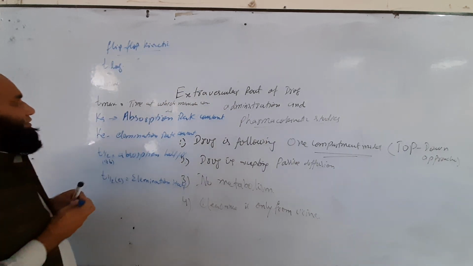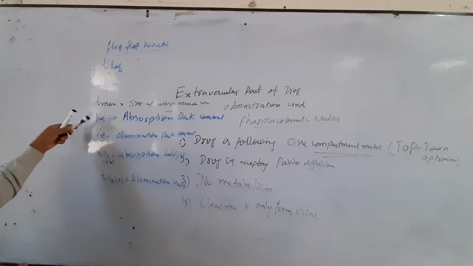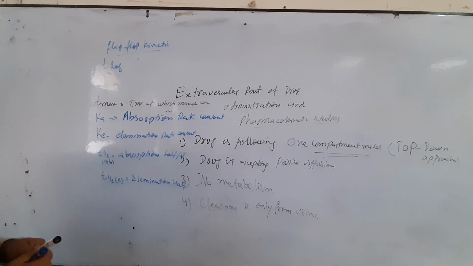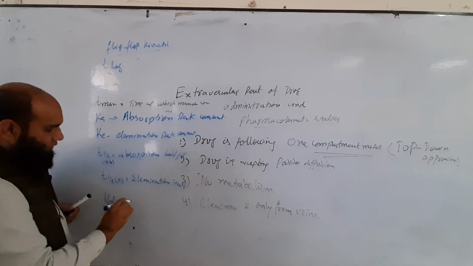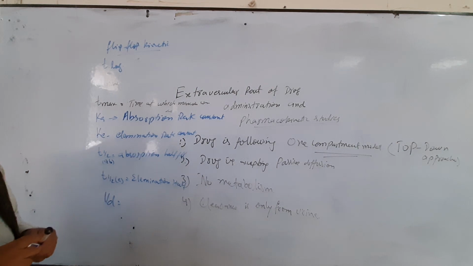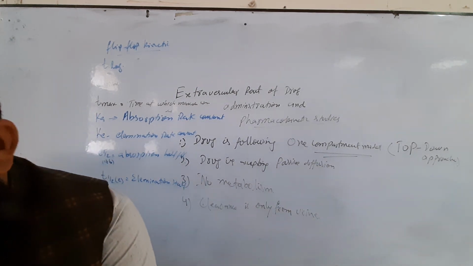Flip-flop kinetics, T lag, Cmax, Tmax, absorption rate constant, elimination rate constant, absorption half-life, elimination half-life. In the same scenario, Vd, here we will calculate Vd over F, and these are some of the parameters we will learn and calculate in this chapter.